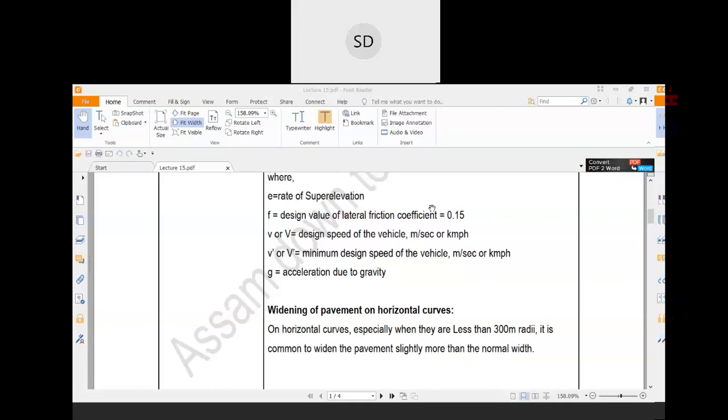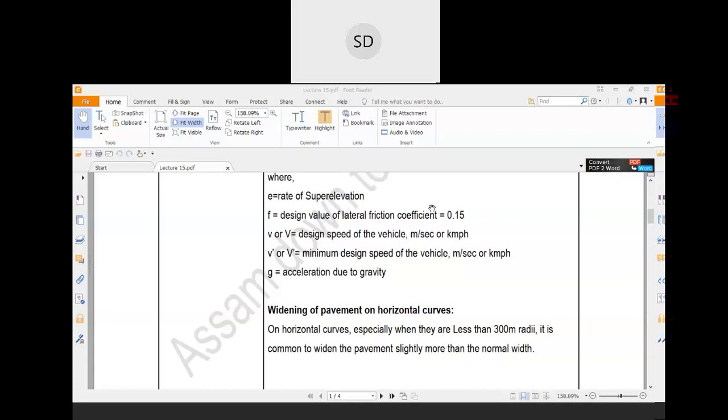For this reason, you need to provide some provision in the horizontal curve. In the horizontal curve, when a vehicle is moving, there are two tendencies. One is the transverse skidding effect, and another one is the overturning effect.